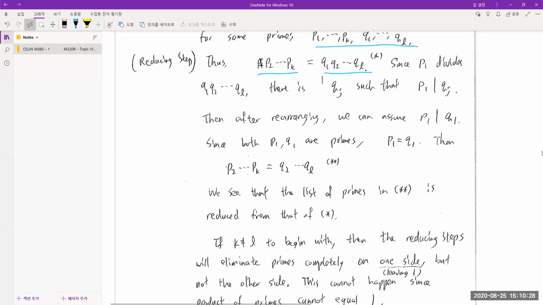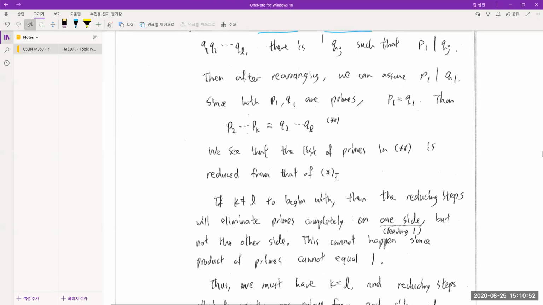So once we have p1 equals q1, what we can do from the start is cancel the same non-zero numbers from the identity. So we obtain the product p2 through pk on the left side, and the product q2 through ql on the right side. And let's label it double star.